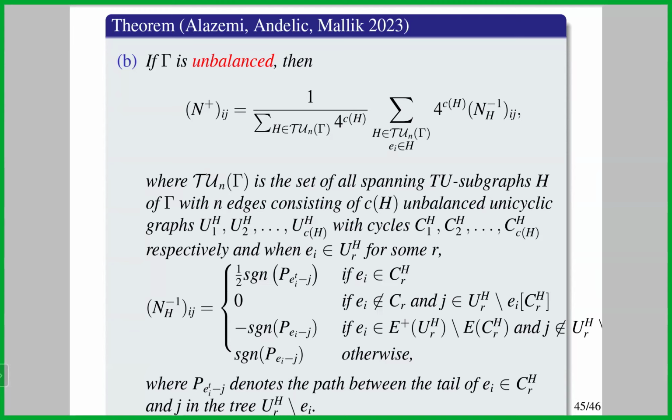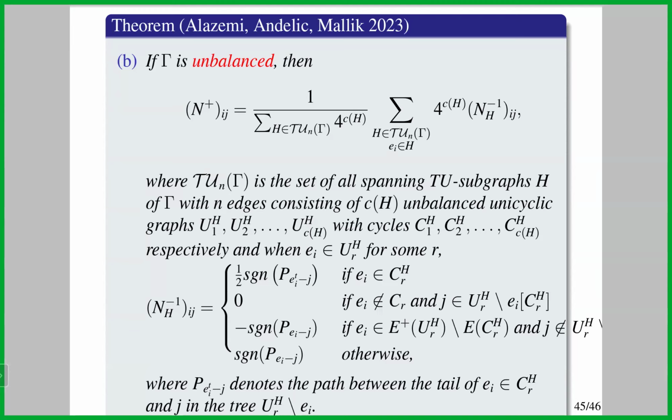And c of H stands for how many unbalanced unicyclic graphs you have. In the summation, you have 4 to the number of unbalanced unicyclic graphs in H. Then you look at the part of the incidence matrix that corresponds to H, which is going to be invertible. The ijth entry of that submatrix we already know how to find, because we already worked on the ijth entry of the inverse when the graph is an unbalanced unicyclic graph.